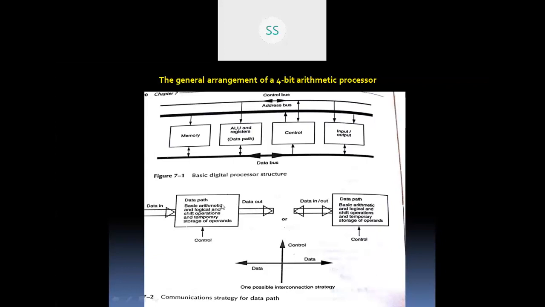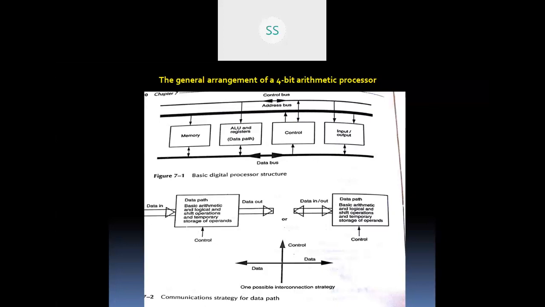Here are basic arithmetic, logical and shift operations and temporary storage operations, and there is a control also for this. We have separate data in and data out, but it can be made bidirectional with the same control. So this shows the communication strategy for a data path.